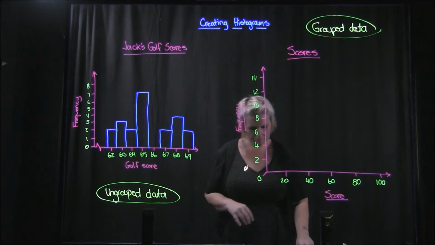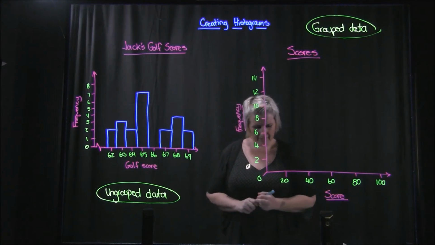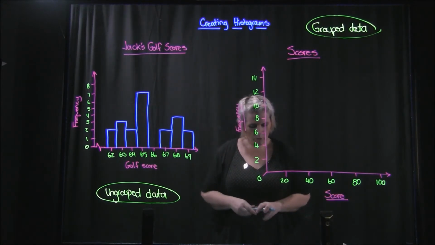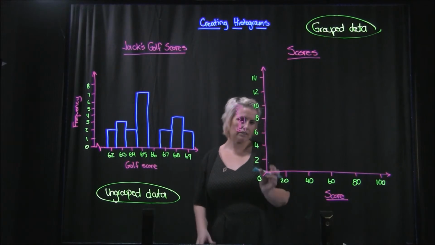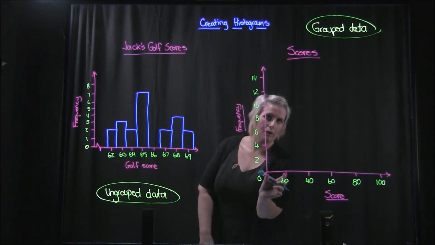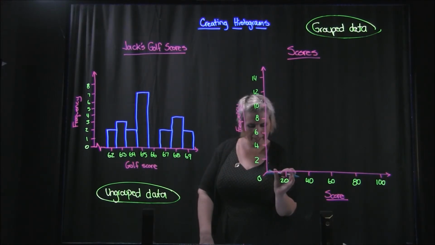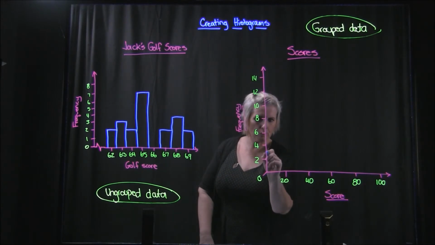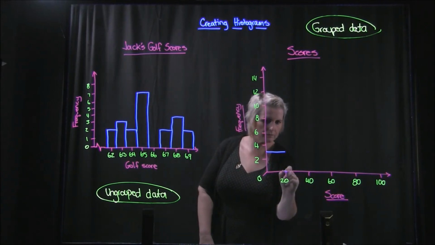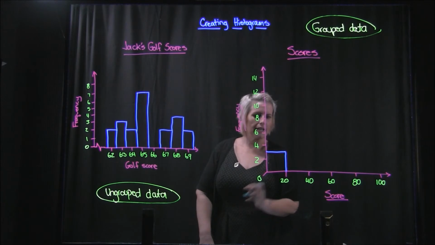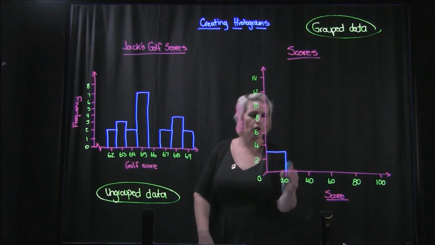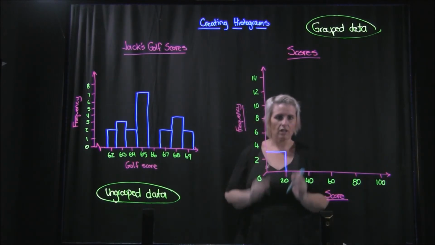Label our axes. Basically, we look at the class interval. The interval is 0 to 20, so from 0 to 20, our frequency is 3. You can see that the column goes on either side of the interval.